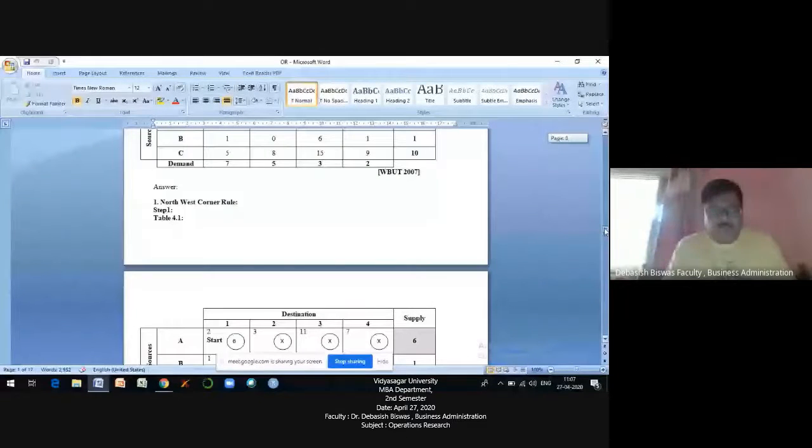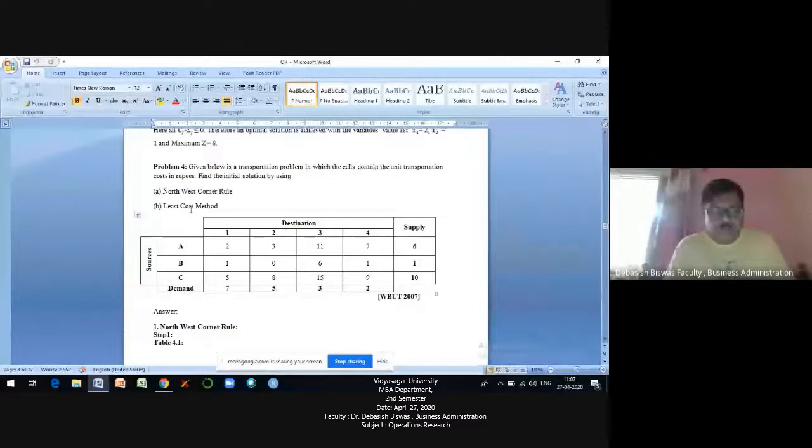In the previous class, we discussed northwest corner rule on this particular problem. Today I will take the same problem, but the method will be different, and the answer will also vary a little bit. So today's discussion is least cost method.